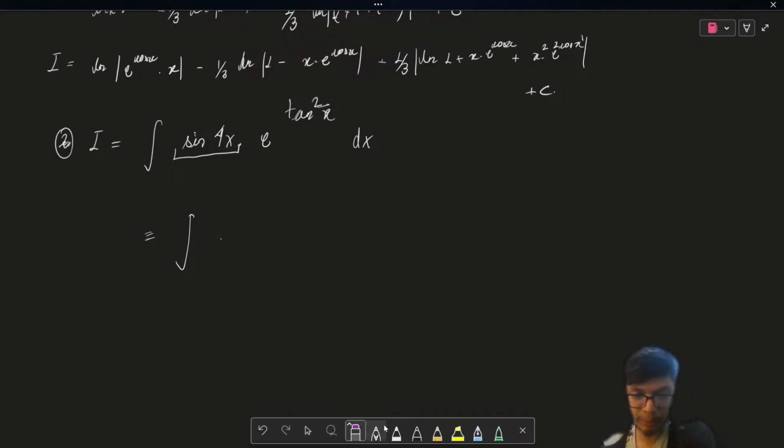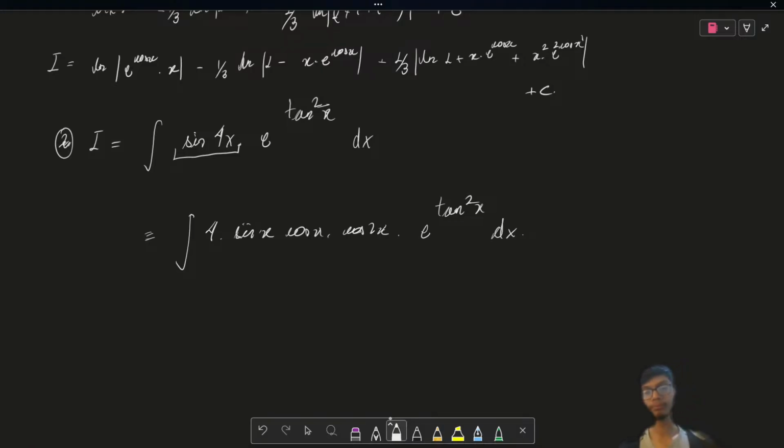So therefore it is going to ultimately become 4 times sine x into cos x into cos 2x, and then I will have e to the power tan square x, right? I hope this is clear to all of you, right? So it's pretty simple, straightforward.